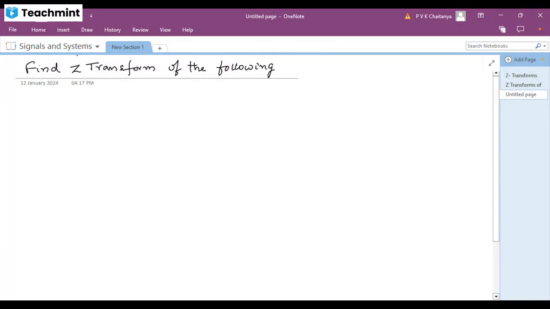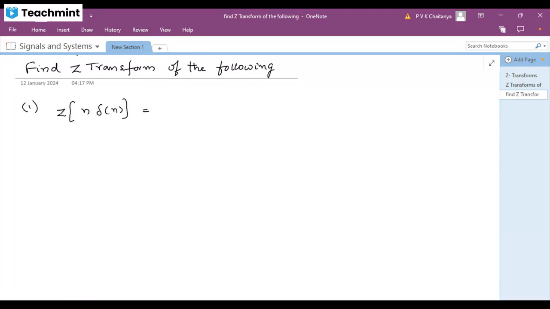We have already seen del of n, so the z transform of del of n is 1. Let us find out the z transform of n into del of n. So what will be the z transform?